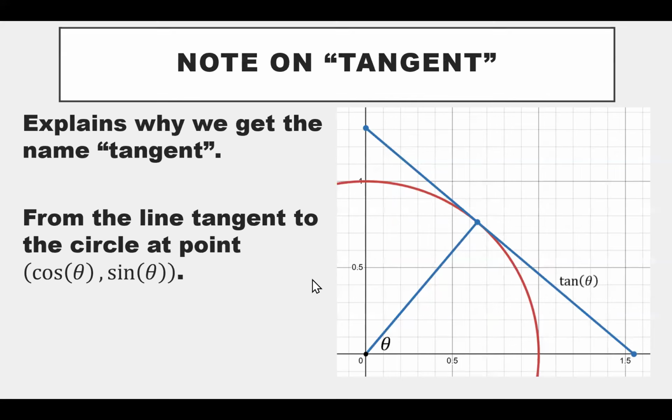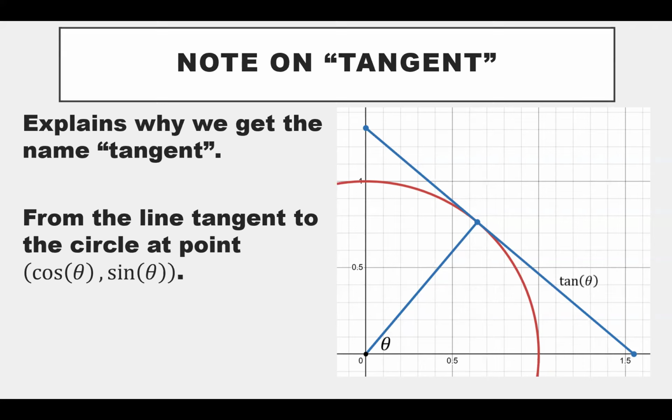Another note that I want to state is about the language of tangent. If you know a little bit about calculus, this line that is perpendicular to the radius is actually a tangent line to the unit circle at point cosine theta comma sine theta.